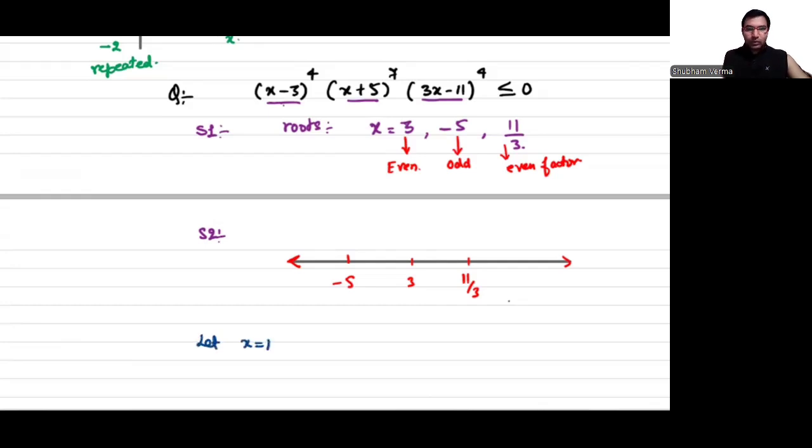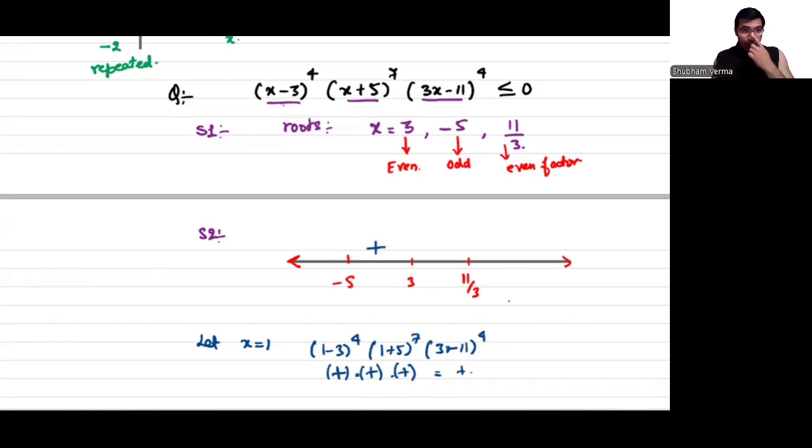Now, when x is equal to 1, what happens to x - 3? (1 - 3) to the power 4, then (1 + 5) to the power 7, then (3 - 11) to the power 4. A negative number to an even power is positive. This is already positive. And 3 - 11 is -8 to the power positive 4, so this is also positive. So positive times positive times positive is always positive. That means my graph over here is positive.